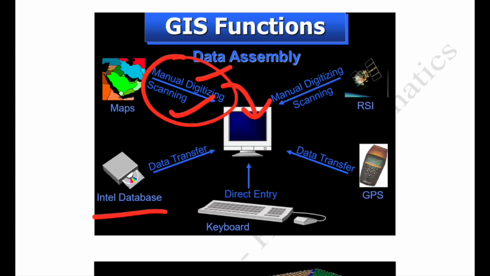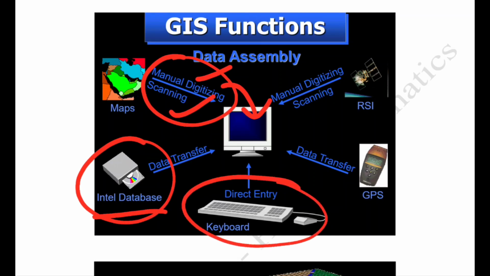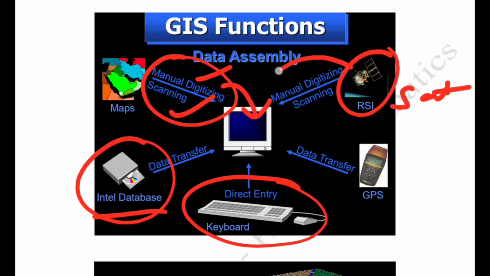After that, in the database to store the data, direct entry, like many coordinates or other digital data we can also store by the mouse or keyboard. After that, RS satellite images are also captured in GIS software by manual digitizing and scanning.